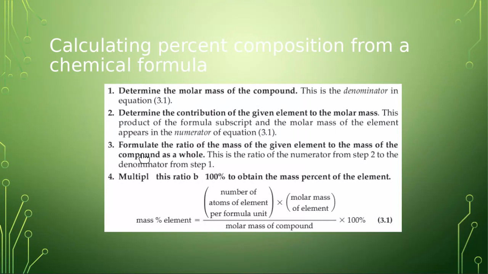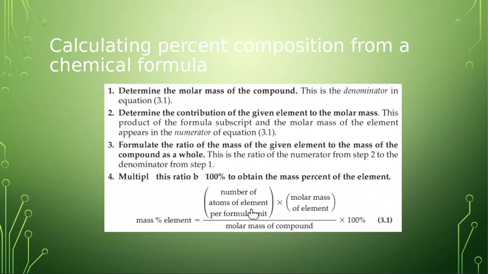And then the third one, formulate the ratio of the mass of the given element to the mass of the compound as a whole. This is the ratio of the numerator from step 2 to the denominator from step 1. And then the final, multiply this ratio with 100% to obtain the mass percent of the element.